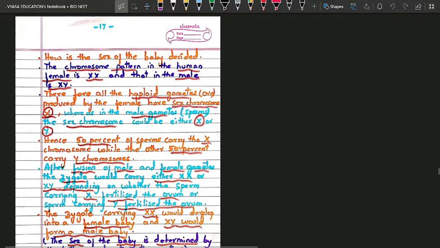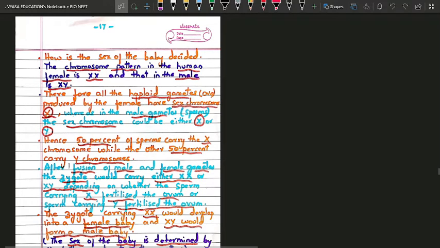After fusion of male and female gametes, the zygote would carry either XX or XY, depending on whether the sperm carrying X fertilized the ovum or the sperm carrying Y fertilized the ovum.